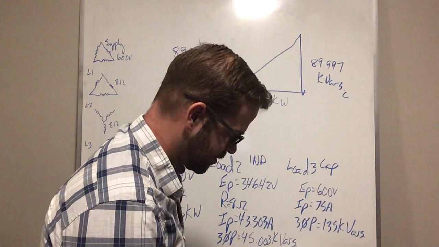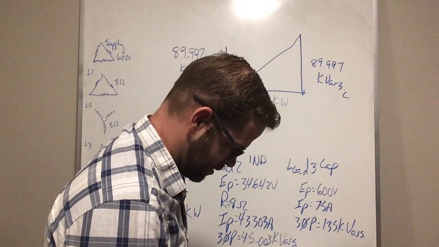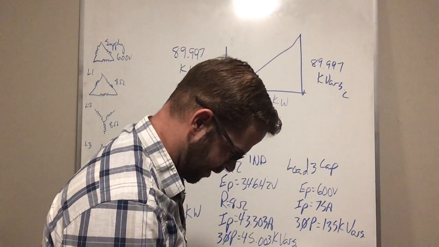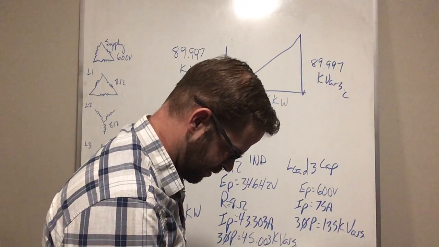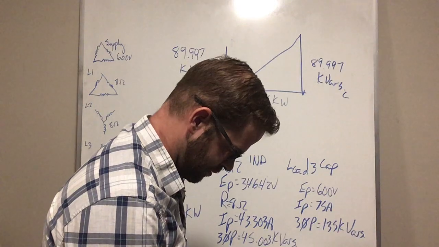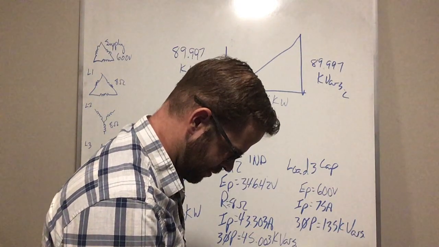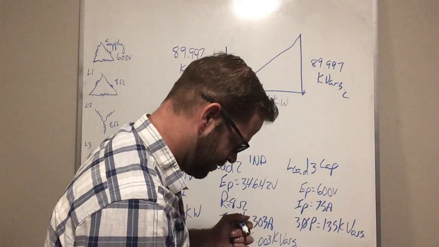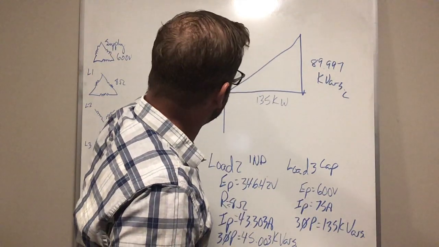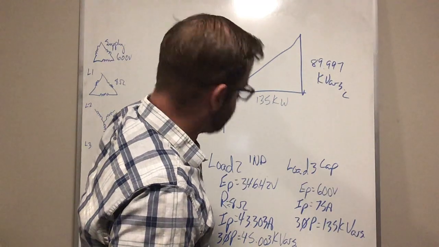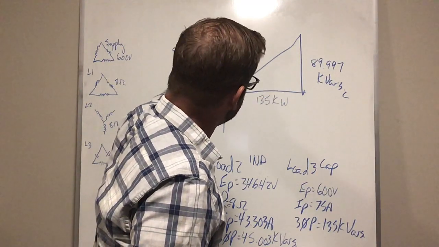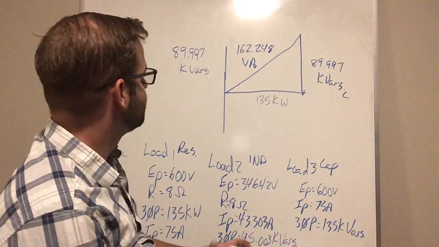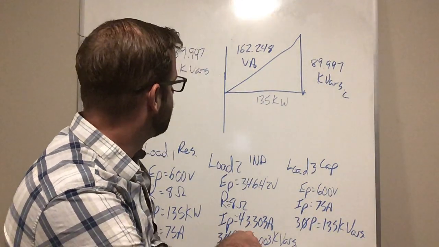Squared plus squared, so we have a large number, but we end up getting a value of 162.248 volt amps as our total value for our overall power.